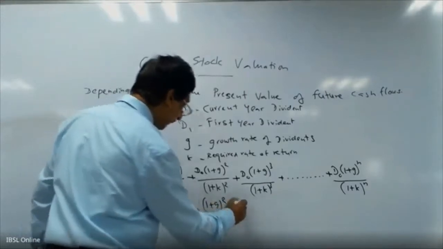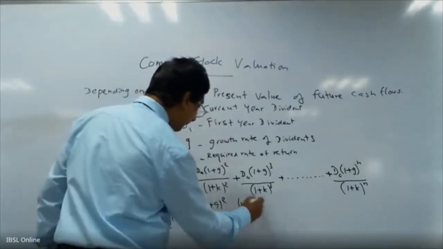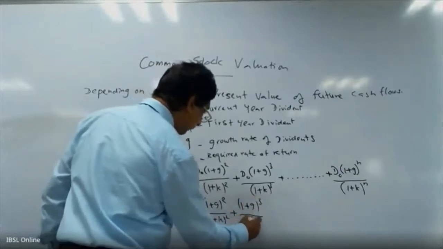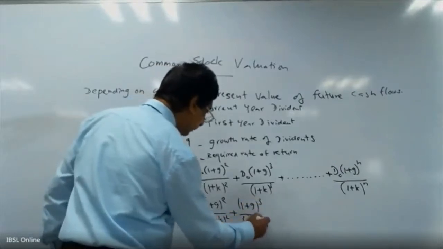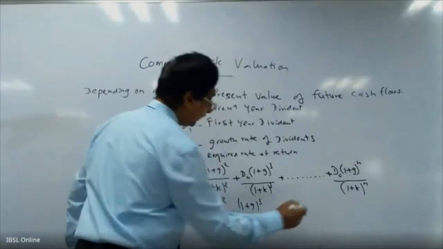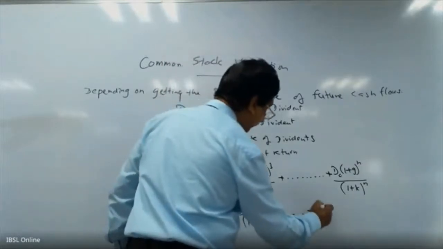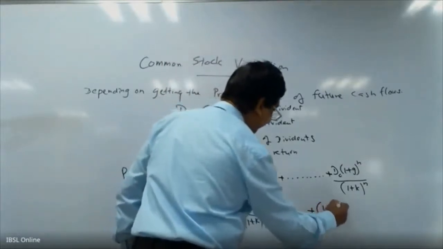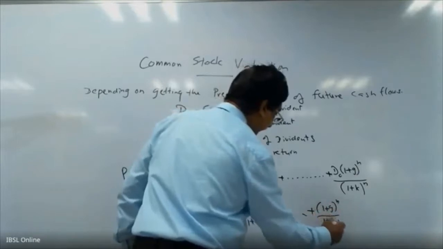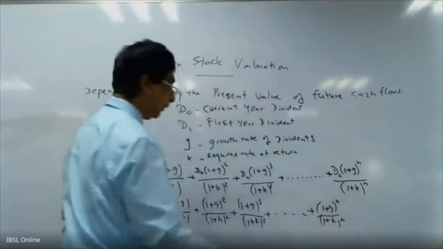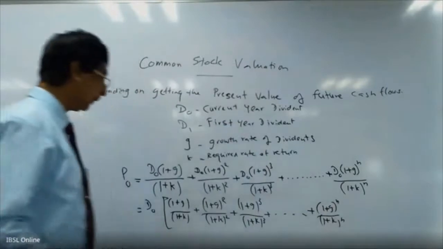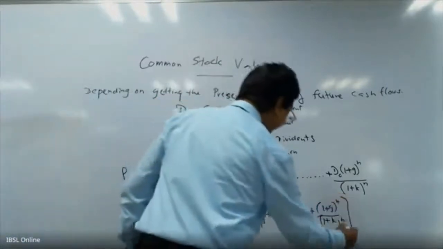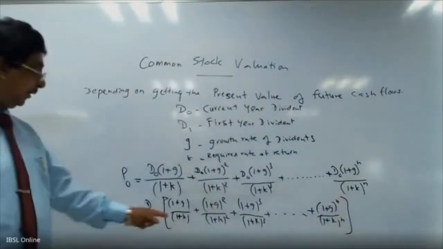Then 1 plus g to the power 3 over 1 plus k to the power 3. Then 1 plus g to the power n over 1 plus k to the power n. Right? And you can close the bracket.